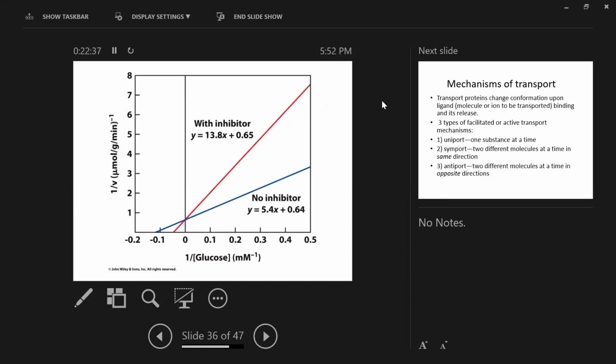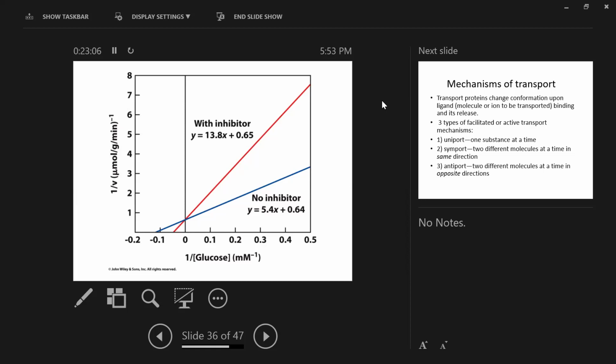Just like enzymes can have an inhibitor, so can transporters. So now we have two lines here. One's with inhibitor and one's no inhibitor. They share the same 1/Vmax, so therefore the Vmax is the same. Their Kms are different. Since the Vmax is the same, do you think it's non-competitive or competitive?